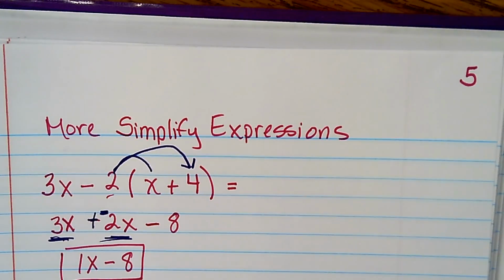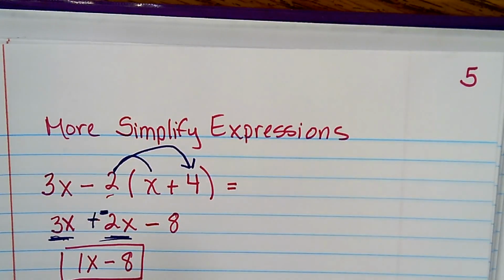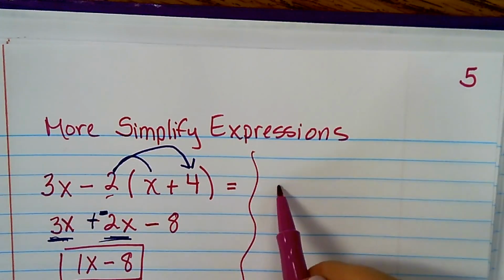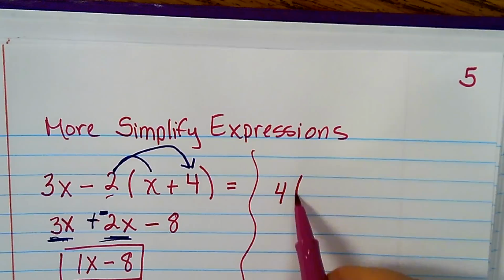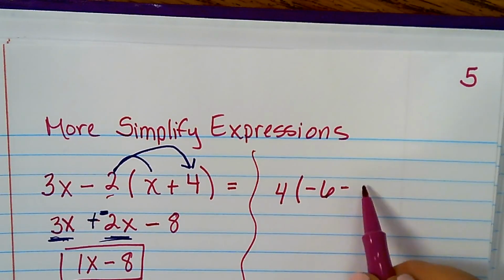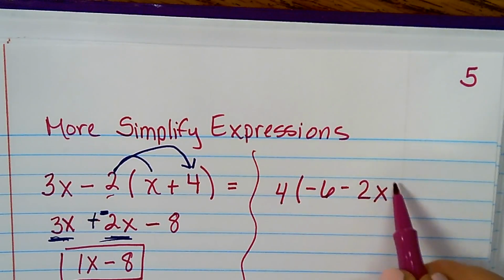Okay, let's look at another one. I'm going to let you try this one. So 4 times negative 6 minus 2x plus 5x.